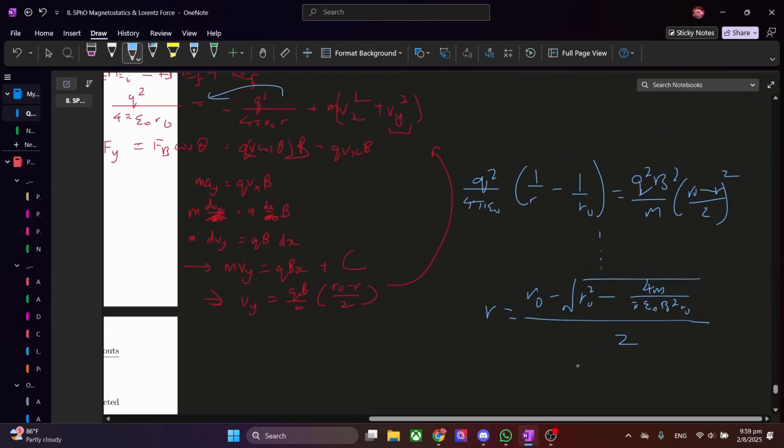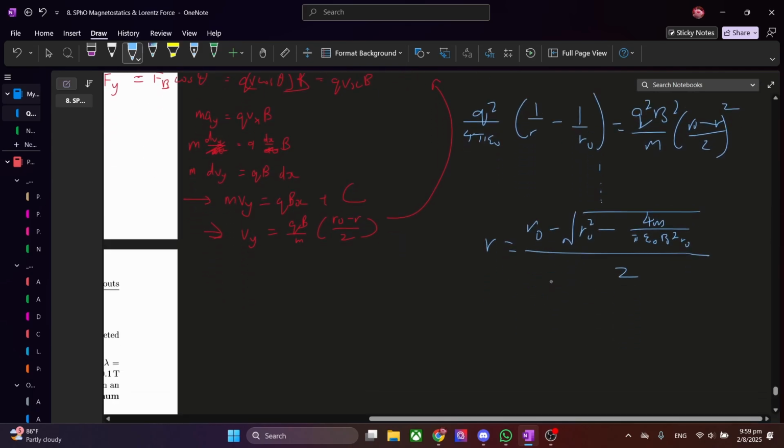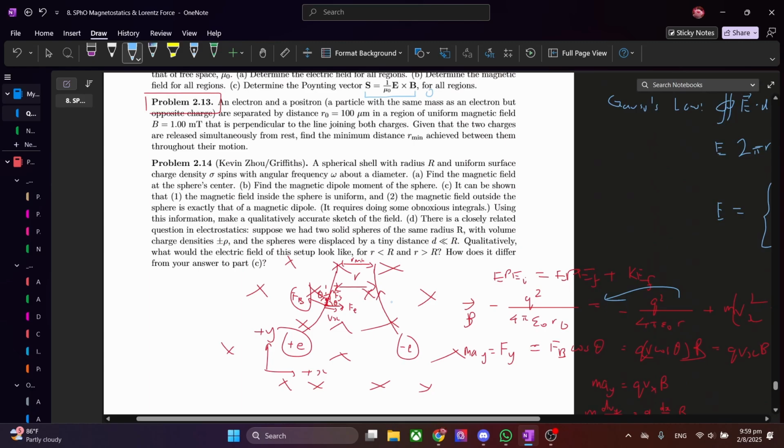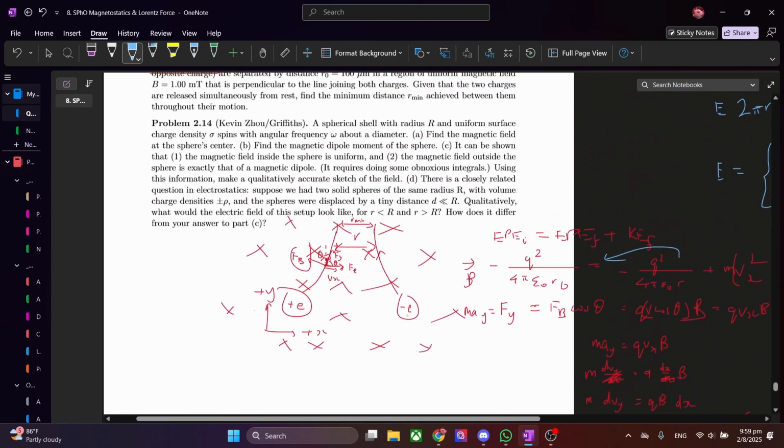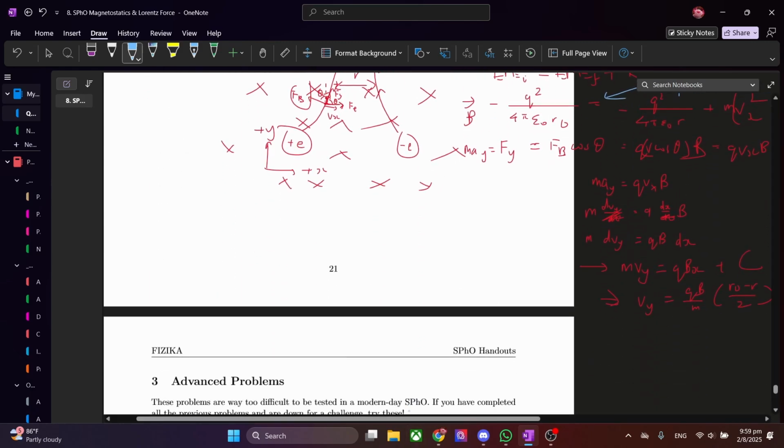And here you take the valid solution, because the other one is plus, but obviously doesn't really make sense. So this is your minimum R lah. You're done actually. That's it. And you can substitute the values that they give by yourself lah, but that's not really the point.